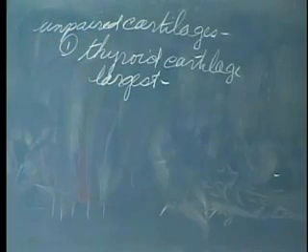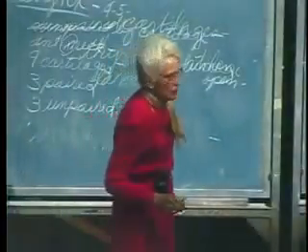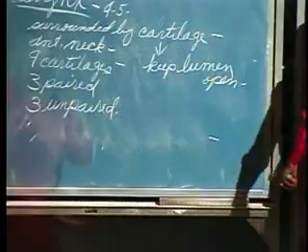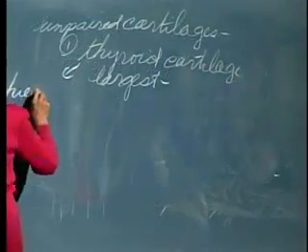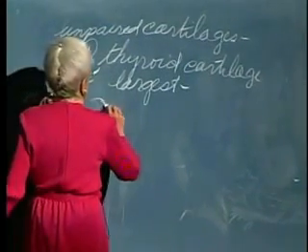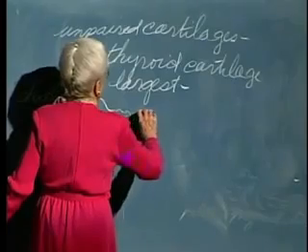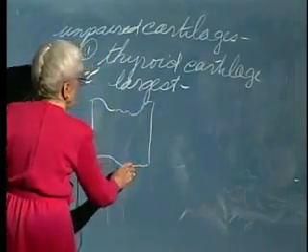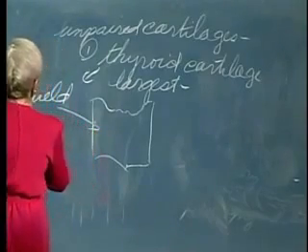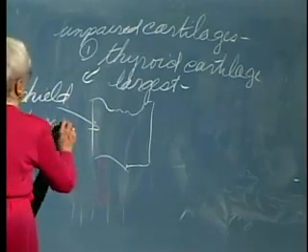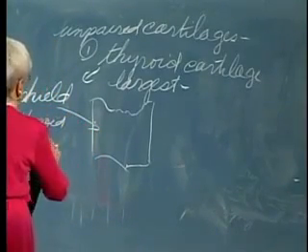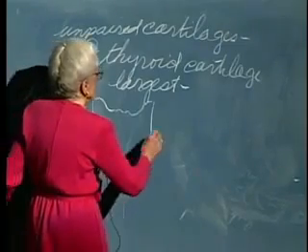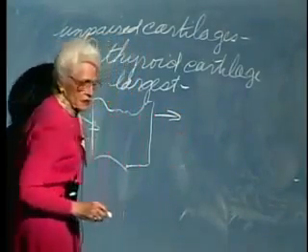What does thyroid mean? Any idea at all? Shield. Thyroid equals shield. So it's going to look like a shield to some people. This is our thyroid cartilage. And most people are aware of its common name.